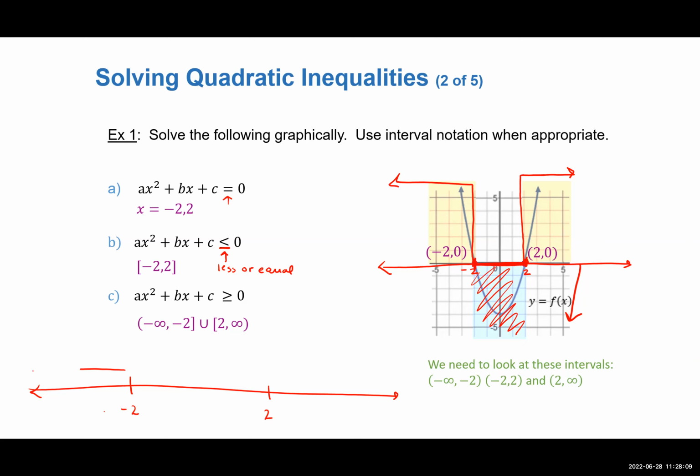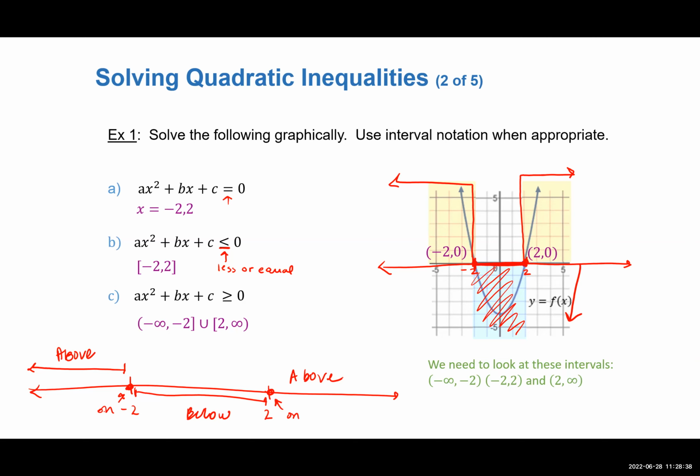From here out, our graph was above the x-axis. On here and on here, it was on the x-axis. Between here and here, it was below. And it goes back to being above once we pass +2.